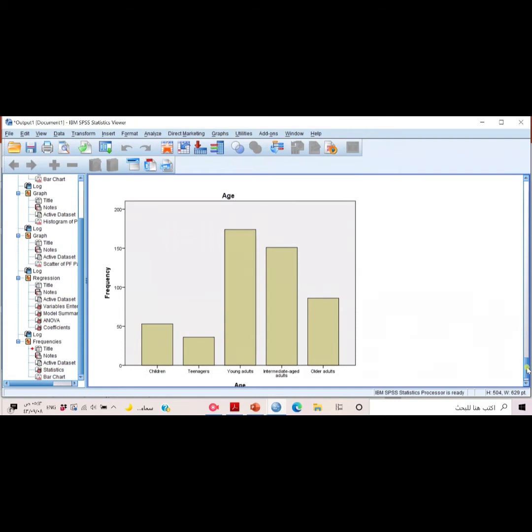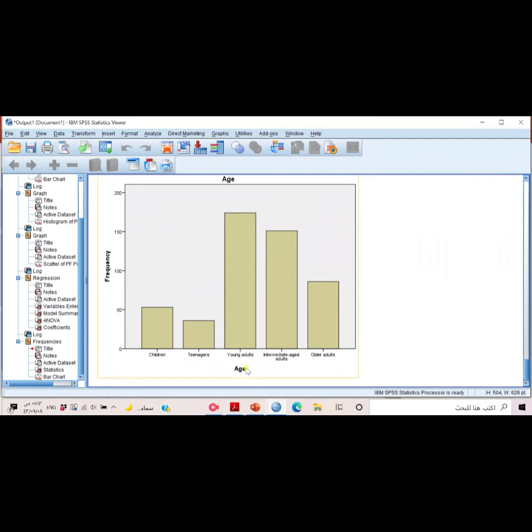And here I have the chart, the x-axis for the variable, it's here for my age group, and the y-axis is for the frequency.